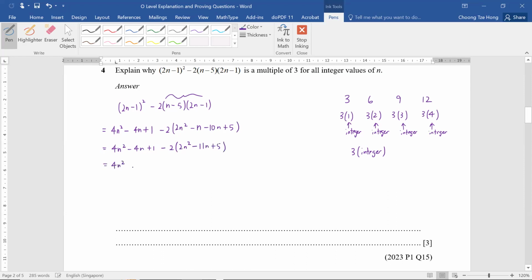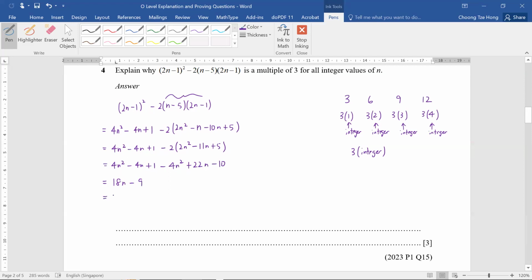So we get 4n² − 4n + 1 − 4n² + 22n − 10. This simplifies: 22n − 4n is 18n, the 4n² subtract themselves away, and then we have 1 − 10, which is −9.